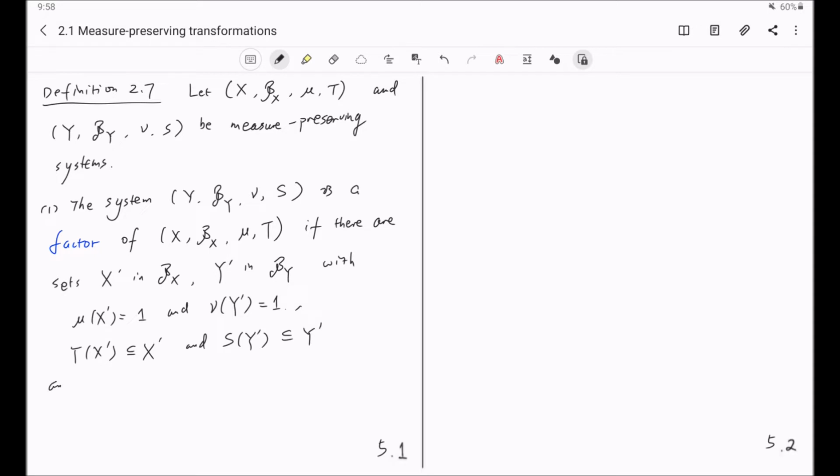And there's a measure preserving map phi from X' to Y' with phi composed with T applied to x equal to S composed with phi applied to x, for any x in X'.